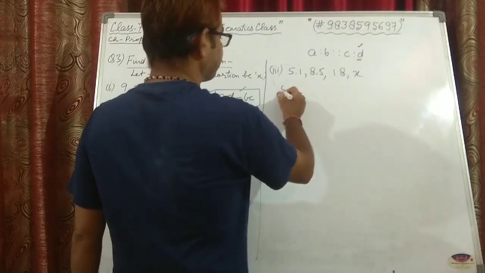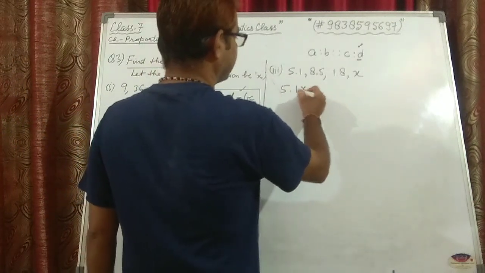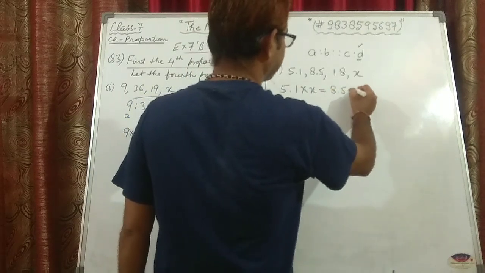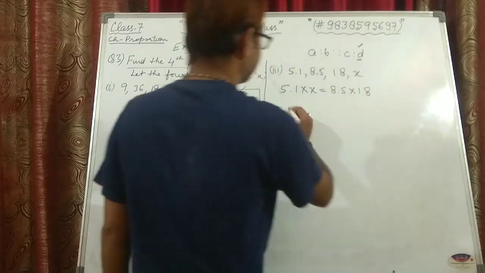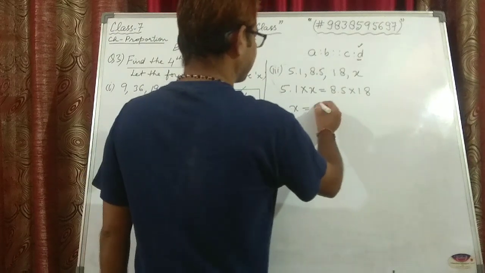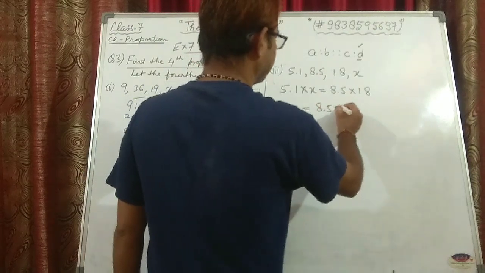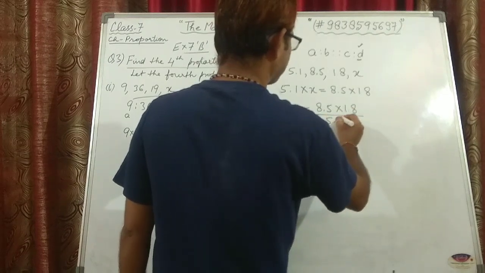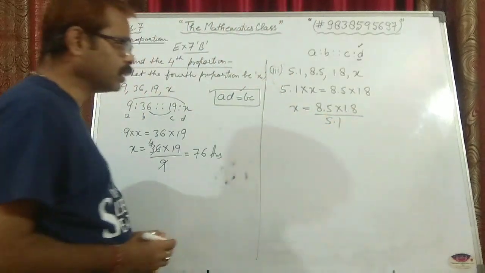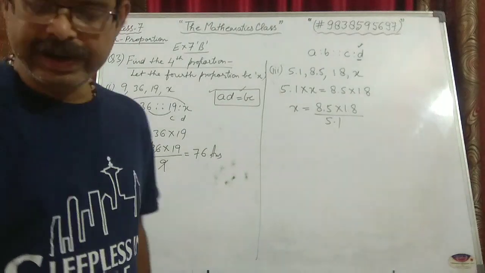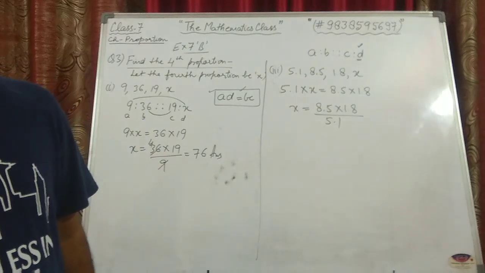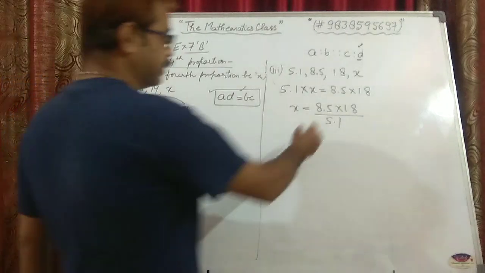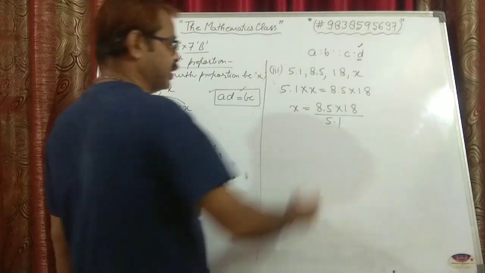We can say 5.1 into x is equal to 8.5 into 1.8. So x will be 8.5 into 1.8 upon 5.1. Now we know that 85 is divisible by 17 and 51 is also divisible by 17.